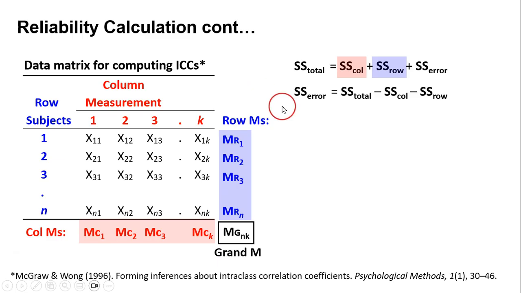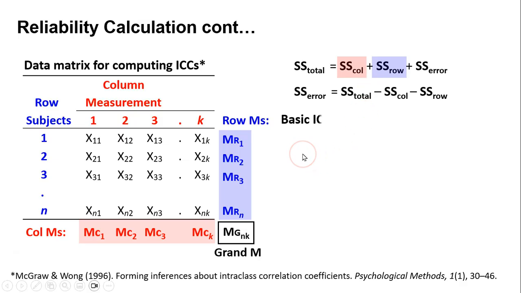So the only thing the computer would do next is take the values that we need and divide those sums of squares values by the appropriate degrees of freedom to get sort of like an average of the sum of the squares. And that's called the mean square.